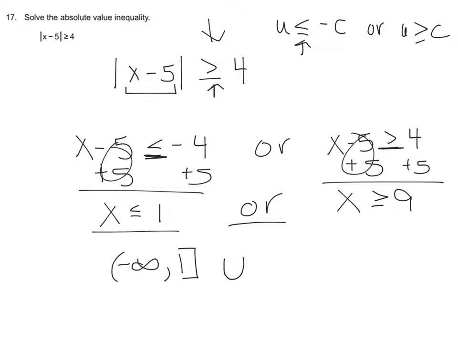And then my second inequality is x is greater than or equal to 9. So my smaller number will be the 9 and it's included. So I'll put a bracket and it's going to go all the way to positive infinity, and the infinity signs always have a parenthesis by them.